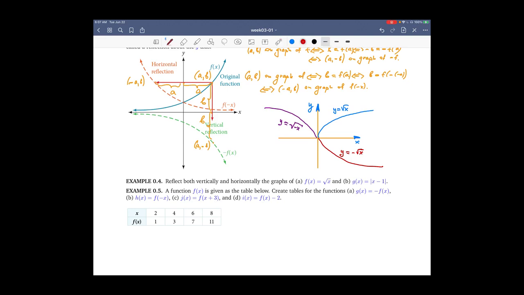First of all, let us understand that negative f at x will be vertical reflection. F at negative x will be a horizontal reflection.